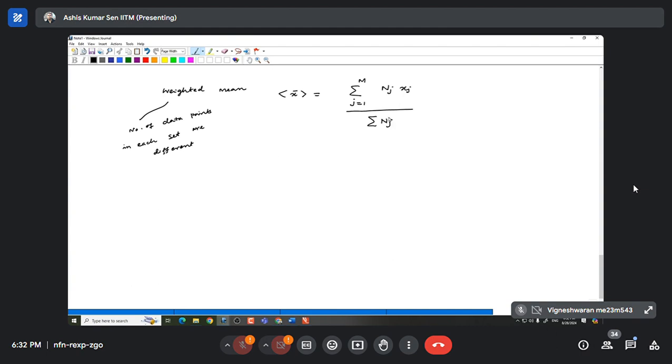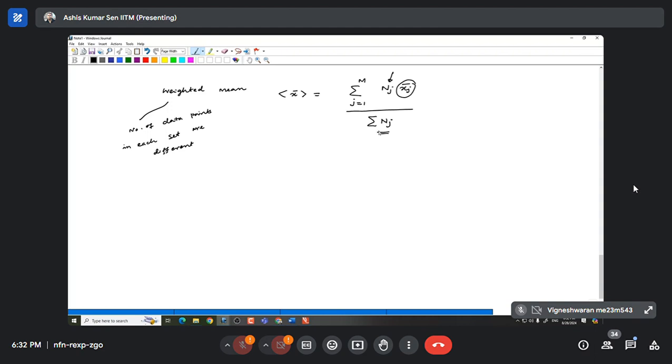Okay, so j stands for a particular data set. So for a particular data set, you find what is xj, then you write that data set number and the number of those data sets.